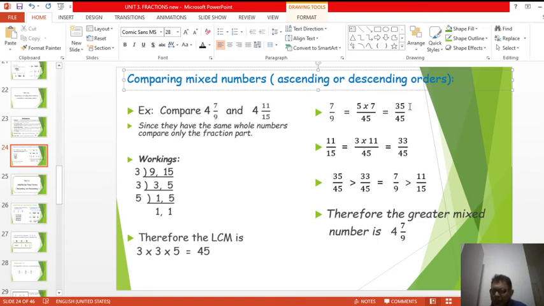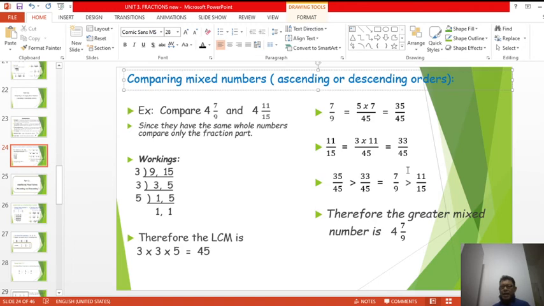So you put the 35 there, and now you have the equivalent fraction of 7 over 9, which is 35 over 45. Let's go with the other number, 11 over 15. The same thing: 45 divided by 15 is 3, times 11, the numerator, so we have 33 over 45.